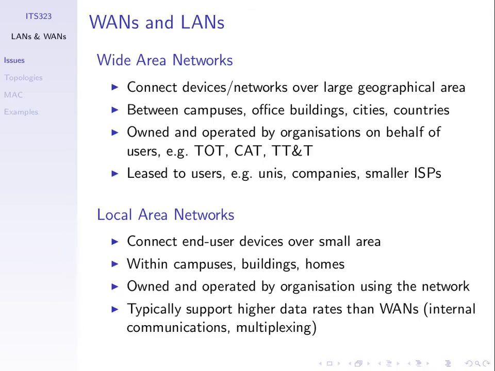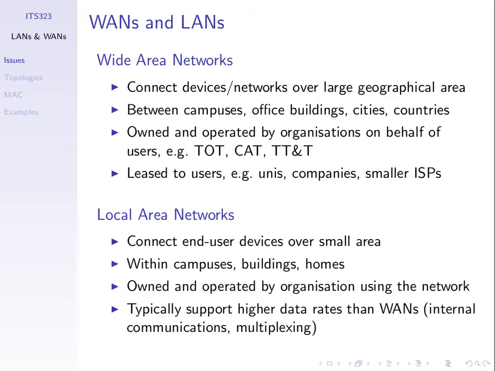Usually, wide area networks are owned and operated by some organisation that runs it on behalf of the users. That organisation is usually a telecom company or an internet service provider, an ISP.